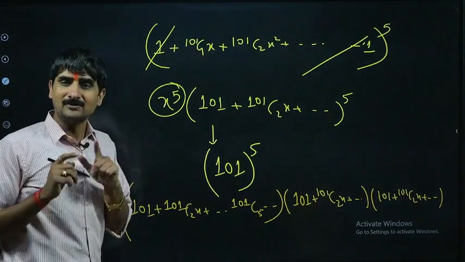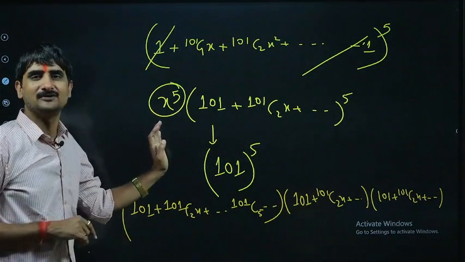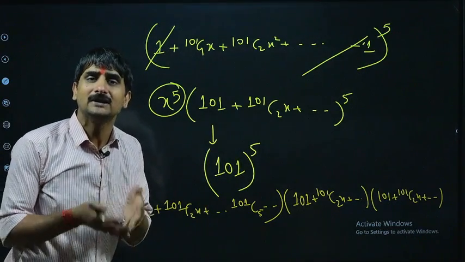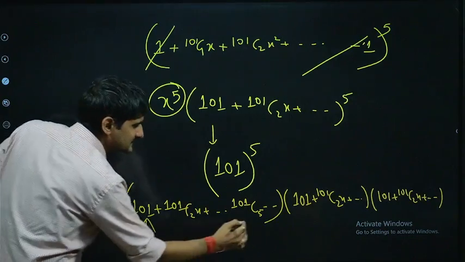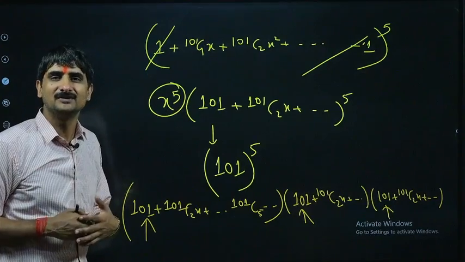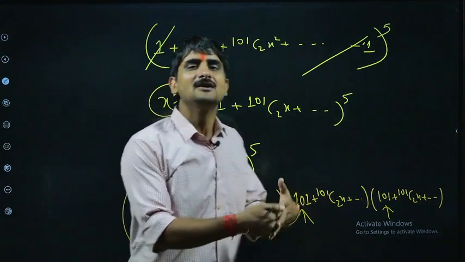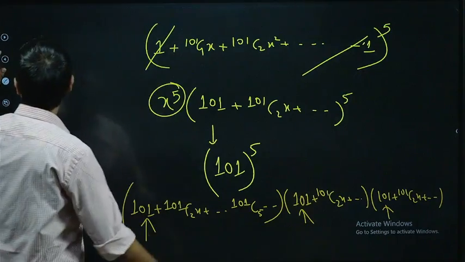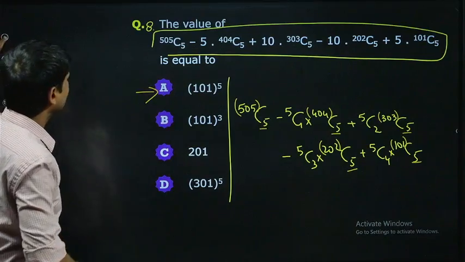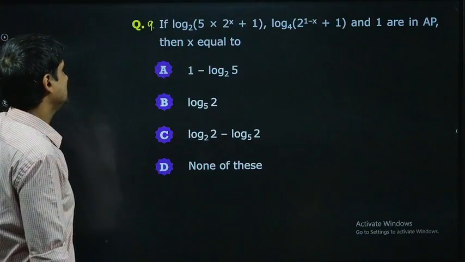We need the power of x raised to 5, and we already have it outside. So what do we need from this product? We need the constant term. And how will you get the constant term? When you pick up the number 101 from every bracket, from all 5 brackets. So 101 into 101 into 101, 5 times. So the answer is 101 raised to the power 5. So A is the answer here.